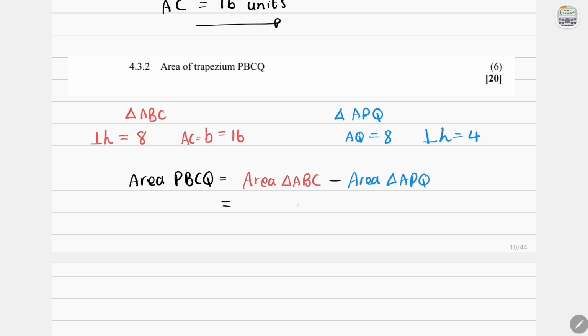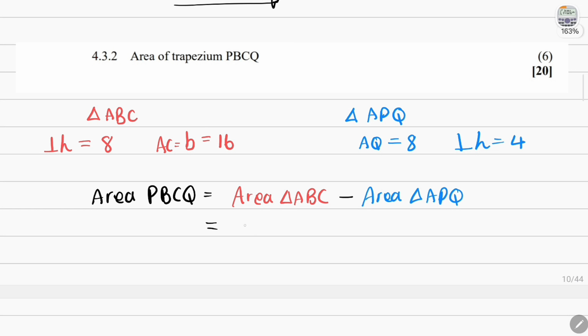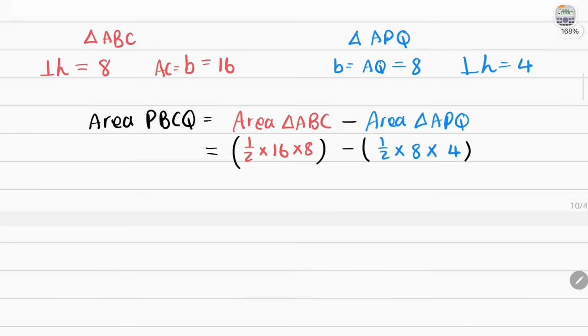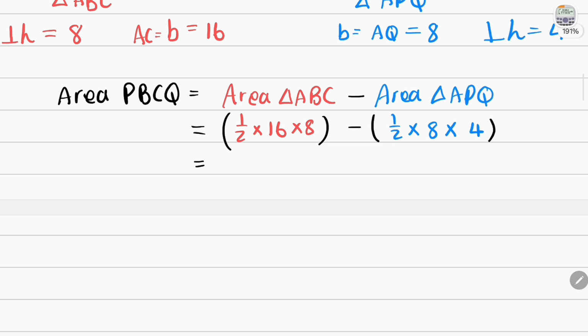And so this is equal to the area of triangle ABC, which is a half multiplied by our base, which is AC, and that's 16, multiplied by our height, which is 8. And then minus the area of APQ, which is a half multiplied by the base, which is AQ, that is 8 units, multiplied by the perpendicular height of 4 units. Okay, and let's just find the areas separately first.